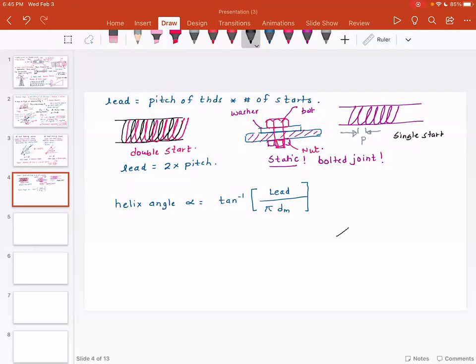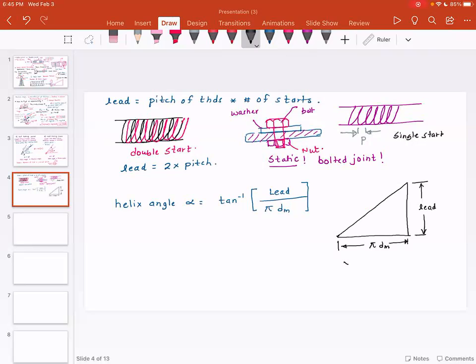So what I want you to do is visualize the same paper that we wrapped around the screw, and visualize that in one revolution it's going to go up by the lead, and this distance is corresponding to one 360-degree wrap or one single revolution, which is pi times dm. Now what is this dm?